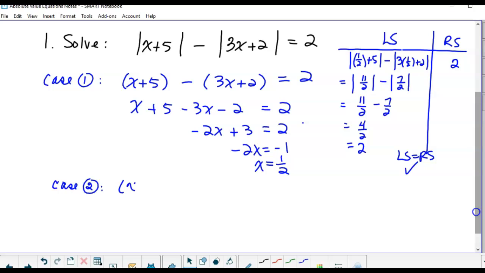Okay. Another case is if both expressions in the absolute value are negative. To take the absolute value, you change the sign of them. So here, that would be the opposite of x plus 5 minus the opposite of 3x plus 2, which really makes that plus 3x plus 2. So this was a minus, and we have to take the negative of this. Subtracting a negative is adding.